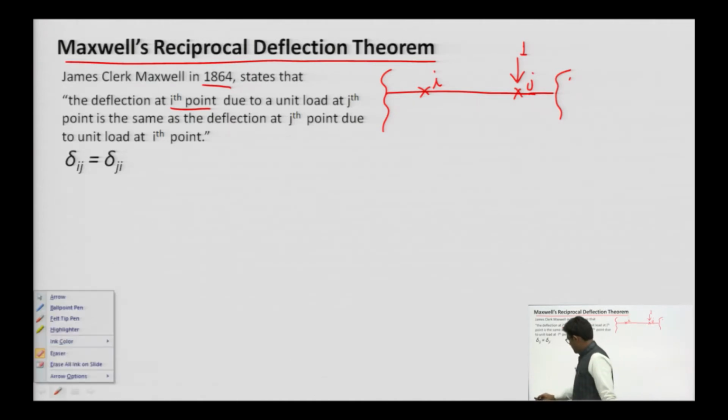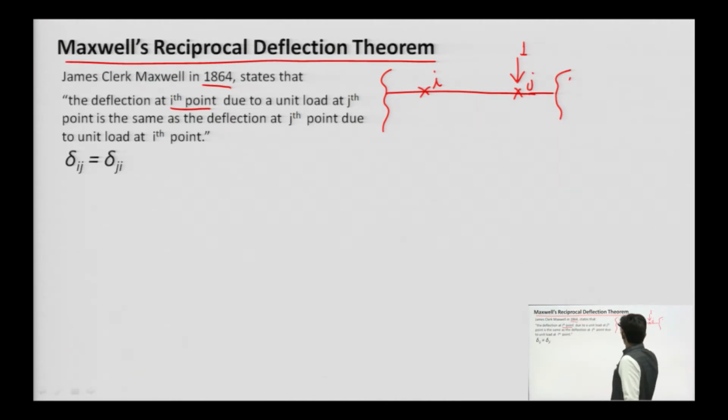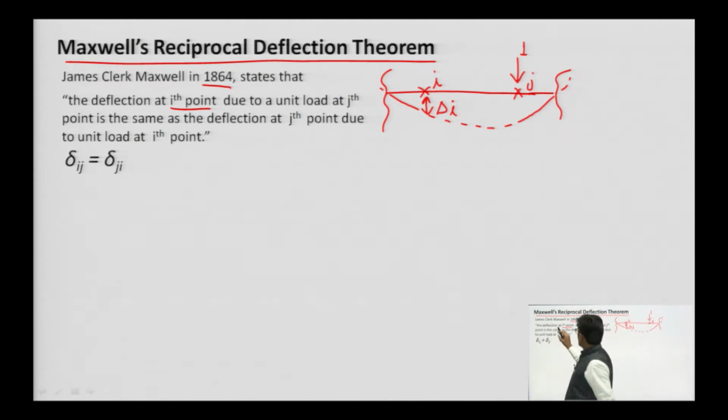So, displacement here, say delta I. The deflection at ith point due to unit load at jth point is the same as the deflection at jth point due to unit load at ith point.